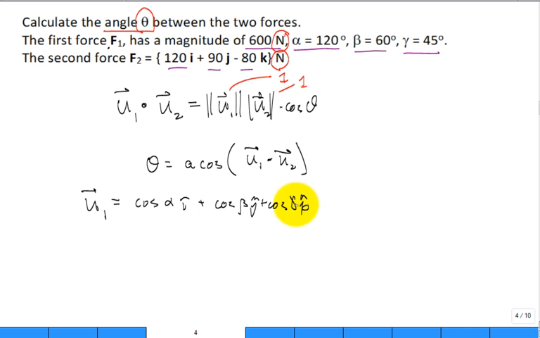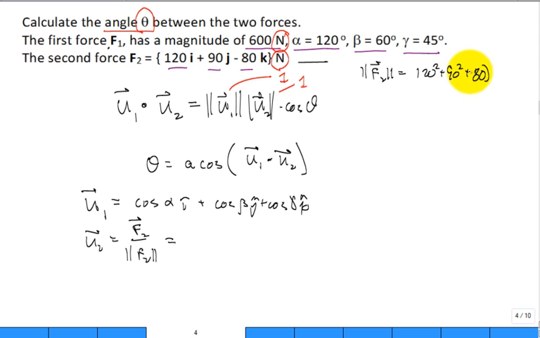Is that true? Yeah. And then for U2, that's going to be F2 divided by the magnitude of F2. Some people calculated the magnitude of F2. It's 120 squared plus 90 squared plus negative 80 squared. It really doesn't matter, negative 80 squared is the same as 80 squared. And then you take the square root. What does the magnitude of F2 come in at? 170? Very good. Yes, you're right, 170.